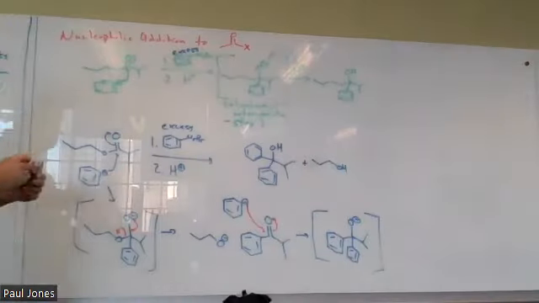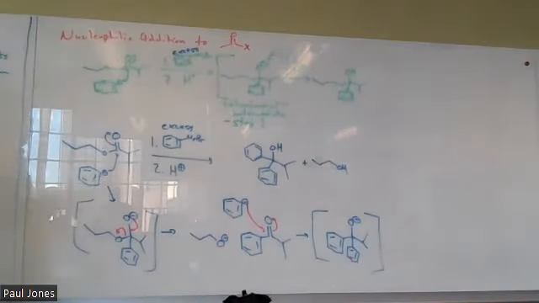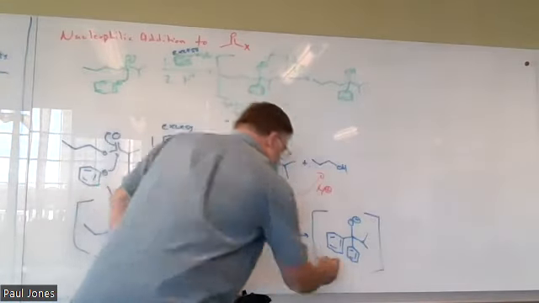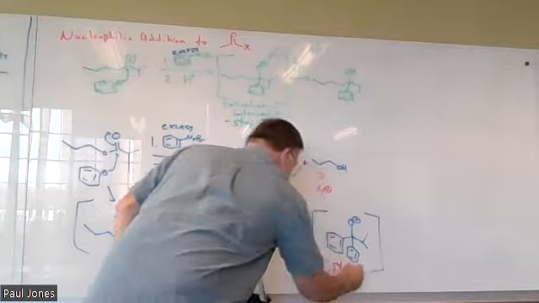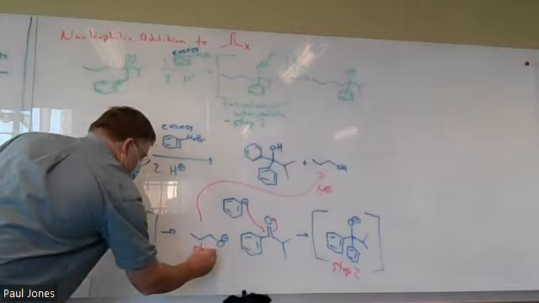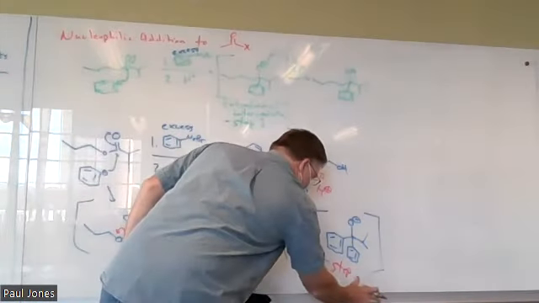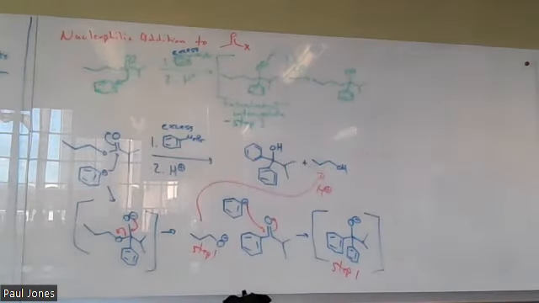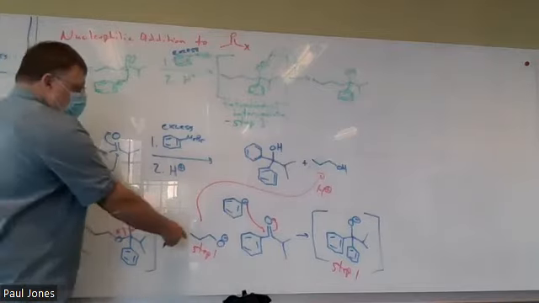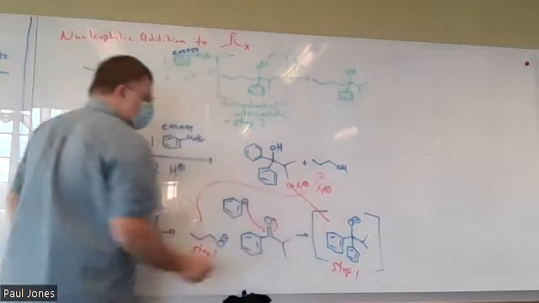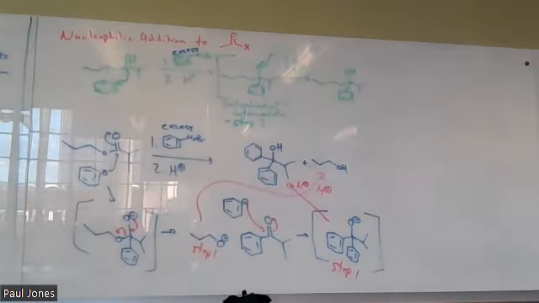And this is the product of step 2. So that last intermediate there is the product of step 2. This thing is the product of, sorry, step 1. So that intermediate is the product of step 1. The propyl oxide is the product of step 1. Protonate this, we get an alcohol. Protonate this tetrahedral product, and we get the alcohol.